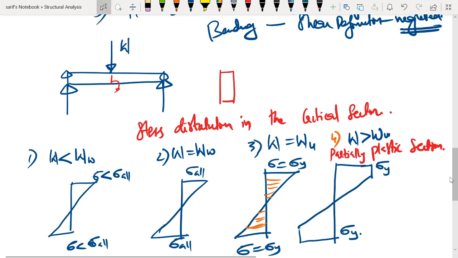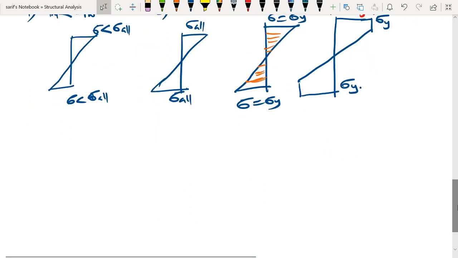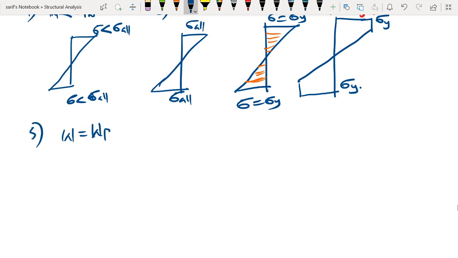Now if we continue increasing the load and let us say the load reaches a value W equal to WP, which is known as the plastic load. In this situation, the entire cross section becomes plasticized.